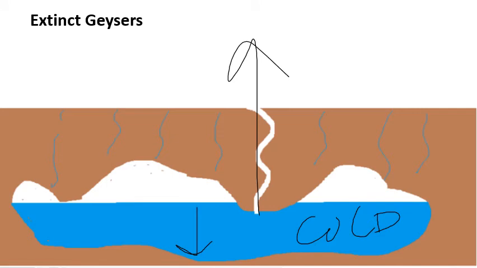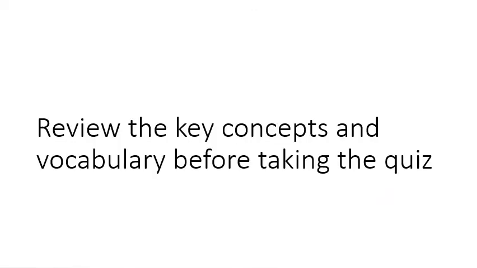So a geyser can go extinct if the ground gets too cold, if it loses heat, because then it won't generate enough steam to push the water to the surface. There's a lot of cases where a geyser is now just a hot spring. The water's still hot, but it's not hot enough to throw it up into the air.